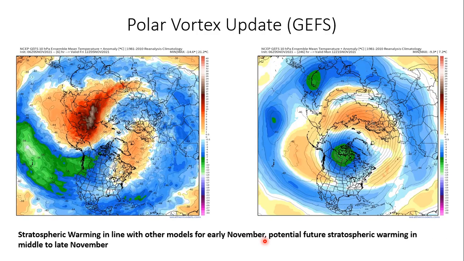Then the polar vortex update from the GFS ensemble forecast system: this is today, 5 November 2021, showing similar placement of the warmer than normal stratospheric temperatures, as well as the cooler than normal stratospheric temperatures in the green over the Pacific Ocean. And here's your vortex, generally at 10 millibars, 18 miles above the surface. In the stratosphere, you're looking at cooling stratospheric temperatures, a strengthening polar vortex.